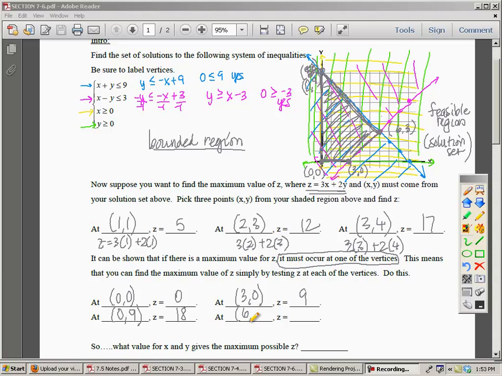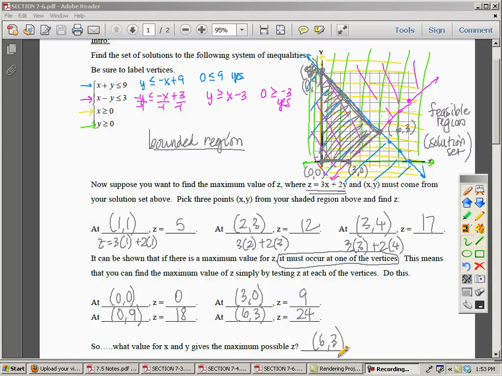And one last vertex, the point (6, 3). 3 times 6 is 18, plus 2 times 3 is 6. 18 and 6 makes 24. The question is which vertex gives me a maximum? In this case, the maximum value occurs at the vertex (6, 3).